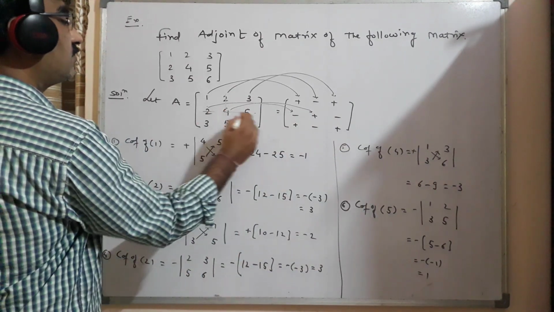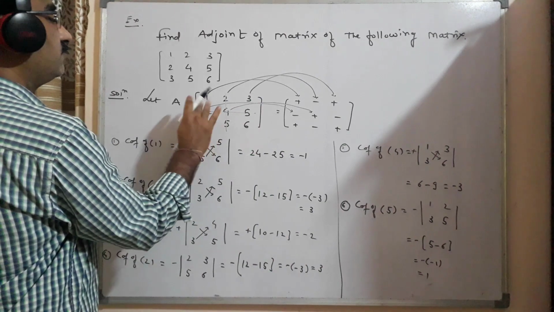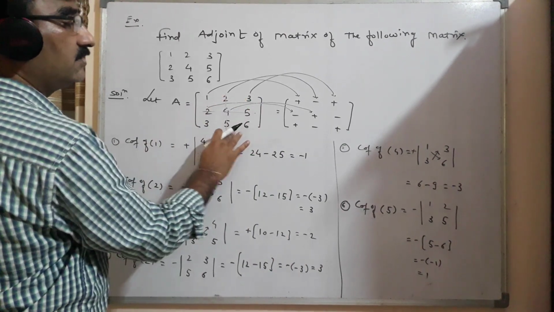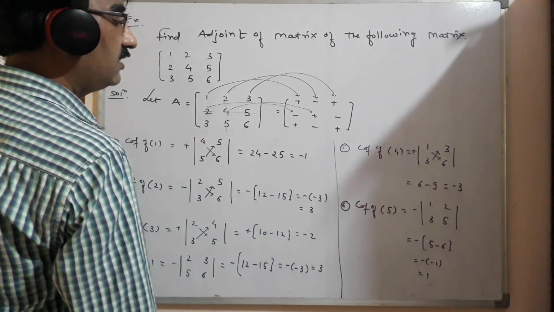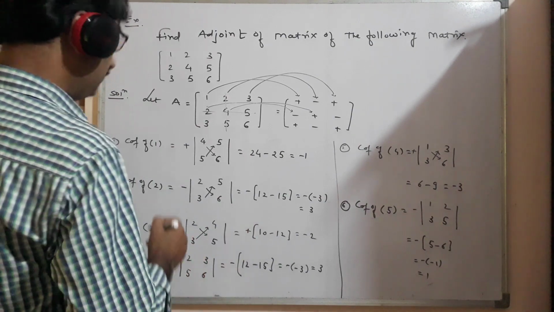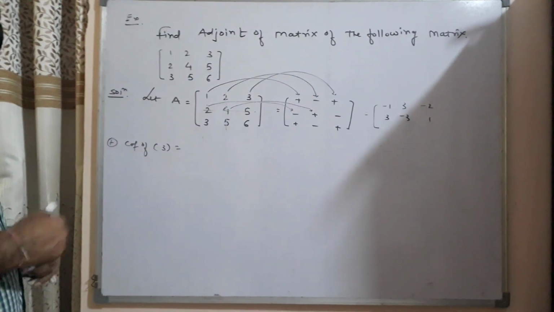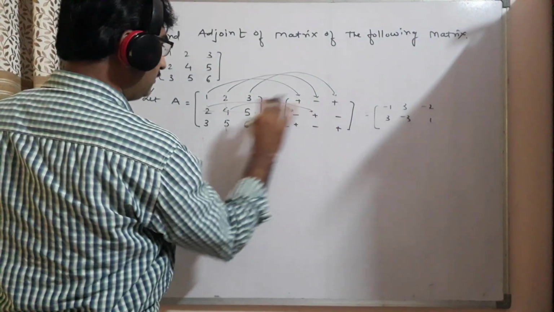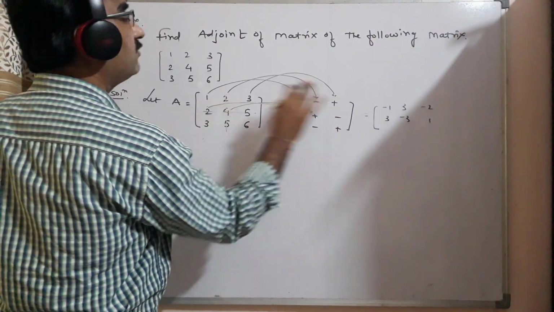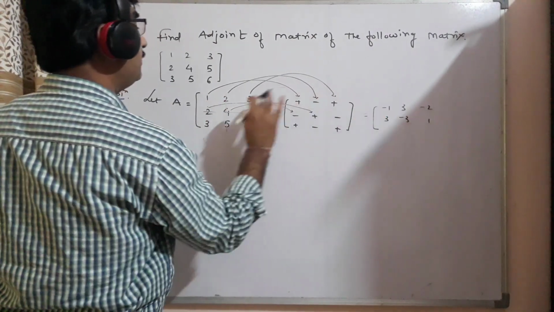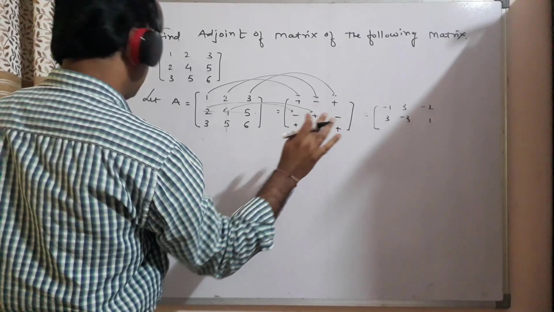Now drop this column and this row. So we write down 1, 2, 3, 5. Take cross multiplication here and we get minus of minus 1, that is 1. So here I write down the cofactors of these elements. The cofactor of 1 is minus 1, of 2 is 3, of 3 is minus 2.